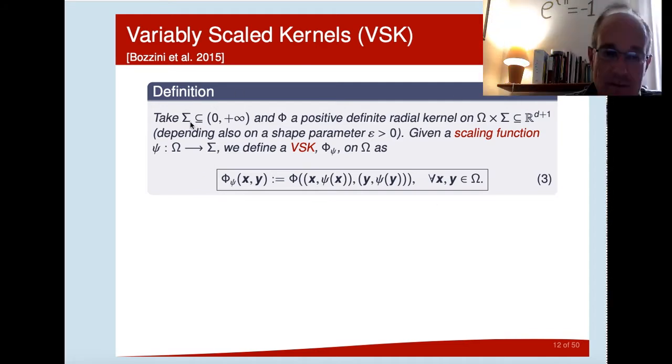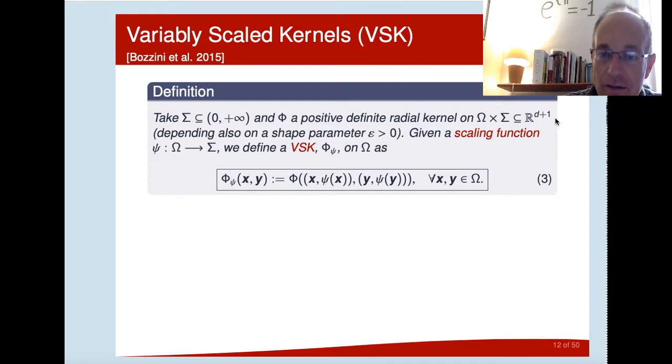So we start from this set, which is actually a subset of R^d, and a positive definite kernel. And then we construct on this subset of R^(d+1), so we are moving one dimension more, this V, which is a positive definite kernel.